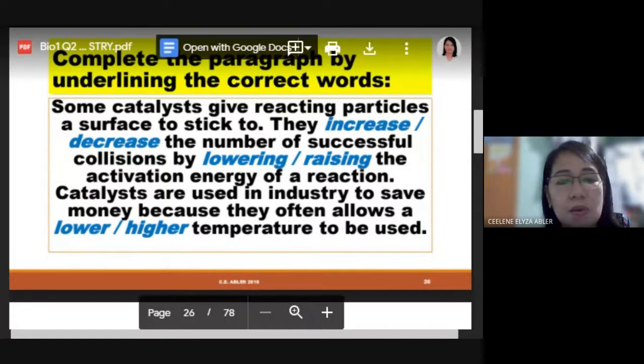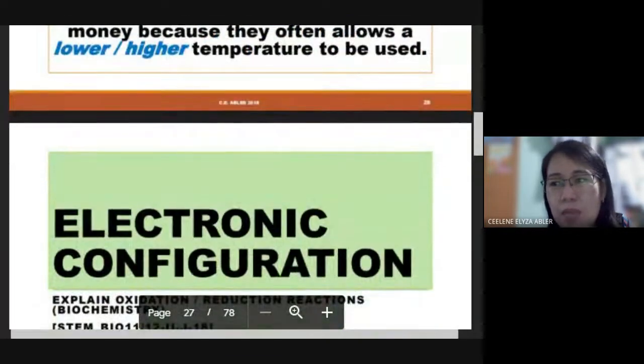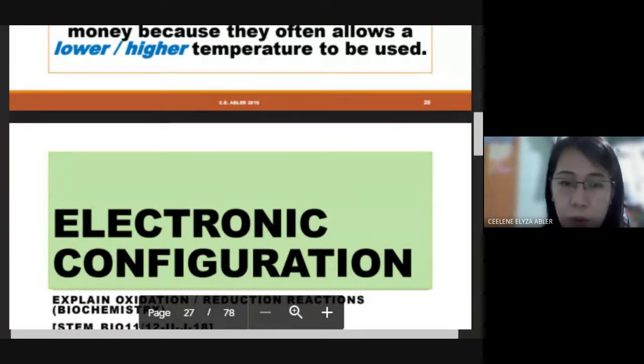Right? So we actually have many types of enzymes. We have apoenzymes and holoenzymes. We won't be discussing that one. We'll just differentiate the meaning of enzymes. That's the only thing we will use because we are still in high school. Apoenzymes and holoenzymes are terms for college.